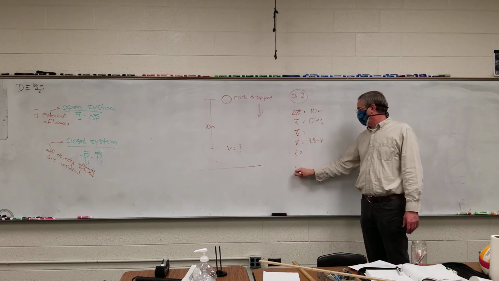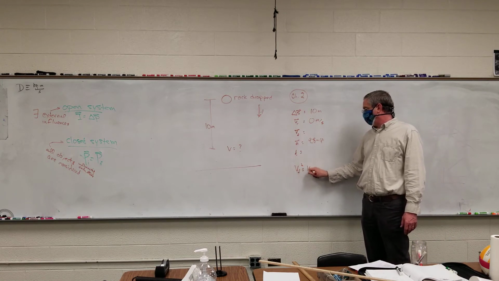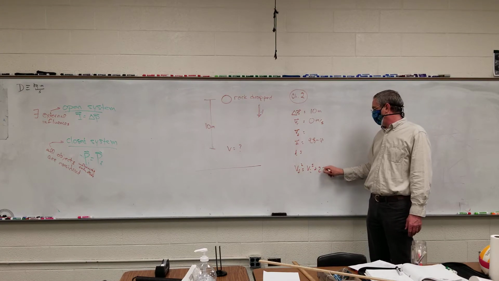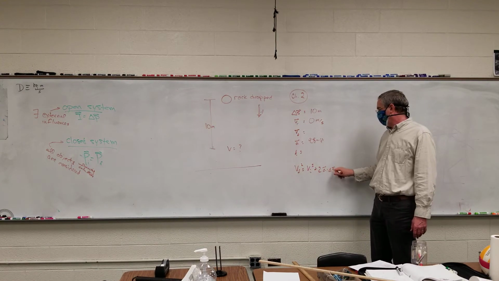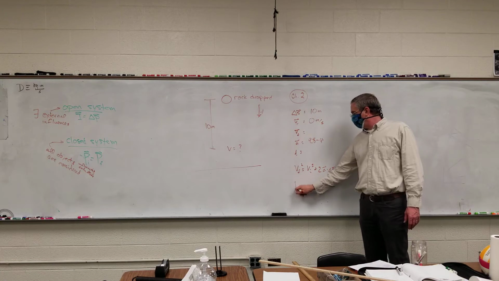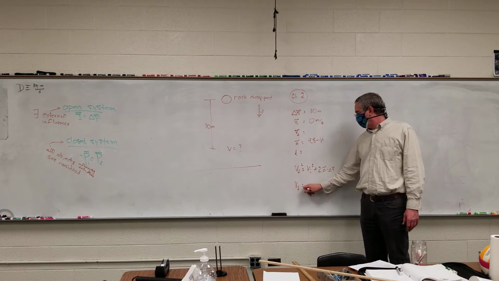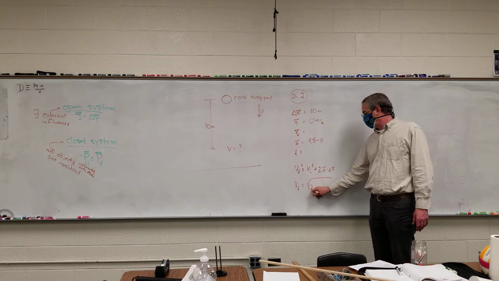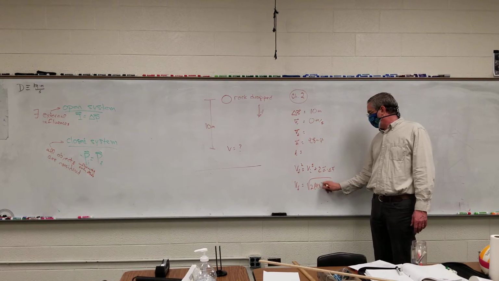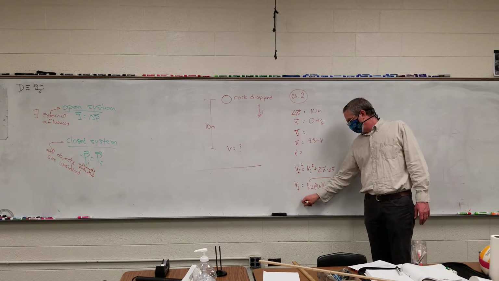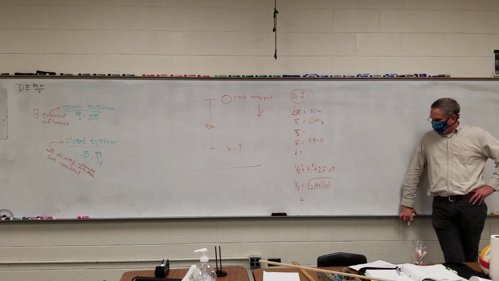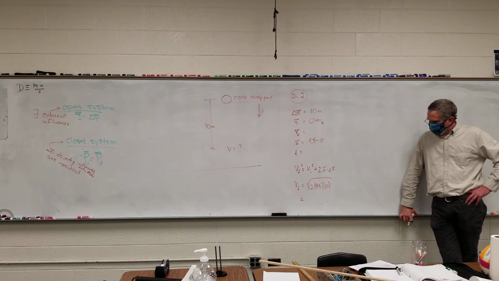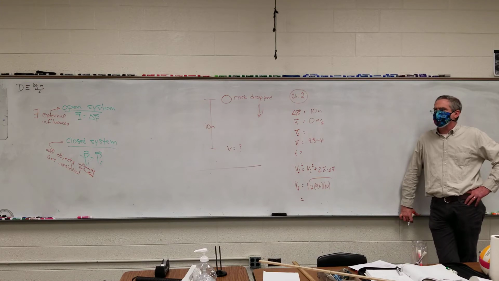So it looks like VF squared equals VI squared plus 2A dot delta S. And so we have VF equals the square root of 2 times 9.8 times 10, which is 14.8.